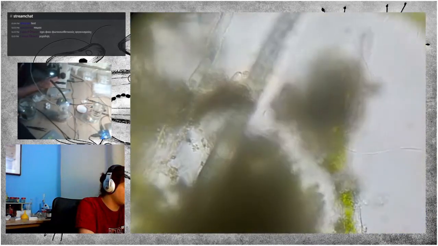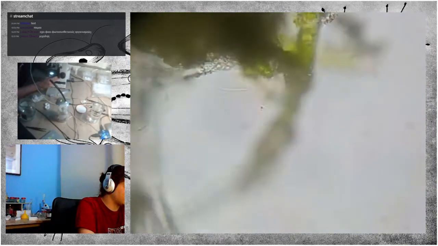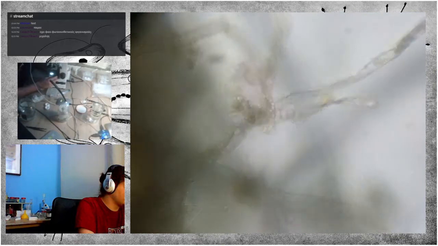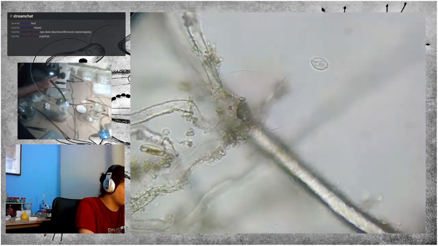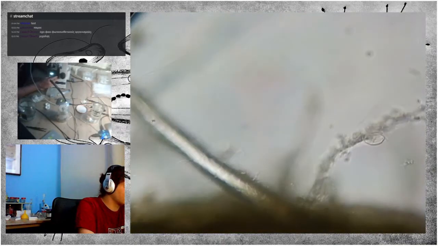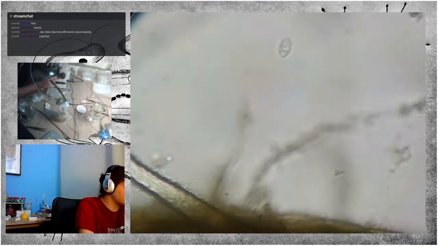Now let me see if I can find anything else, and then we'll probably move on to the next specimen.